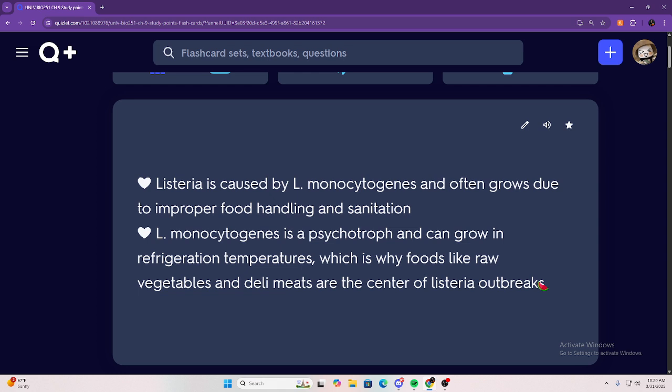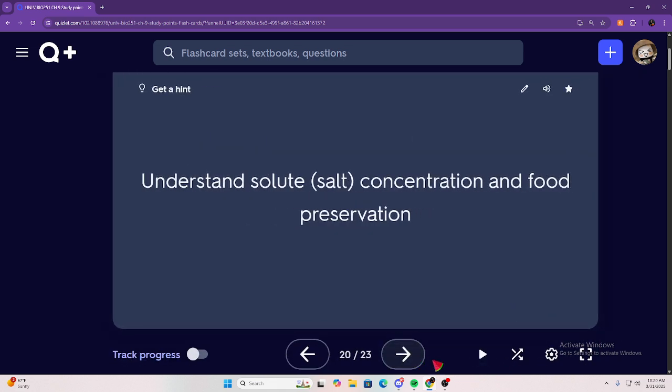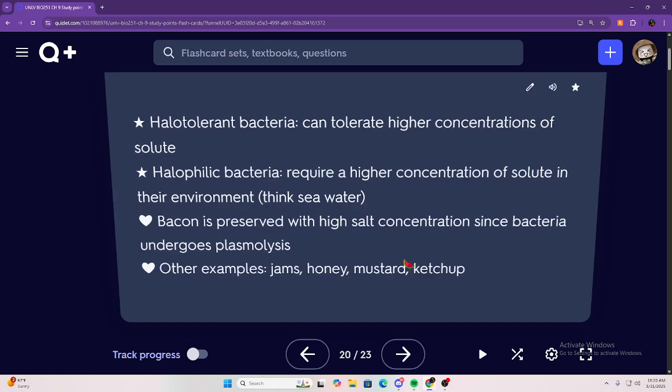This is why raw foods like vegetables and deli meats are the center of Listeria outbreaks. That's why we hear about the Chipotle iceberg lettuce Listeria outbreak, salami Listeria outbreaks.